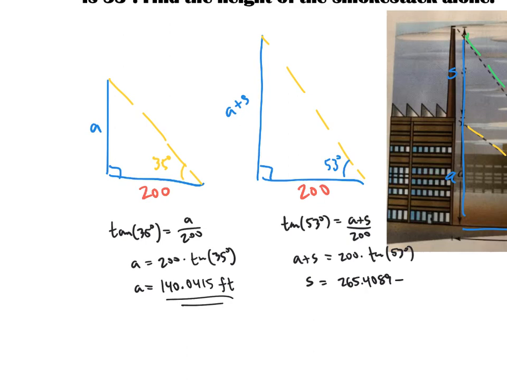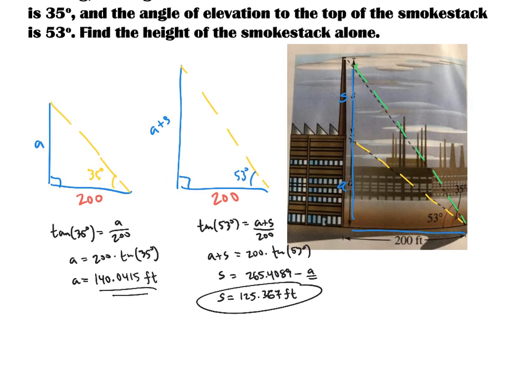Let's see what we got here. Minus 140.0415. I'm subtracting A. I'm not going to write the whole thing out, but I get that the height of the smokestack is 125.367 feet.